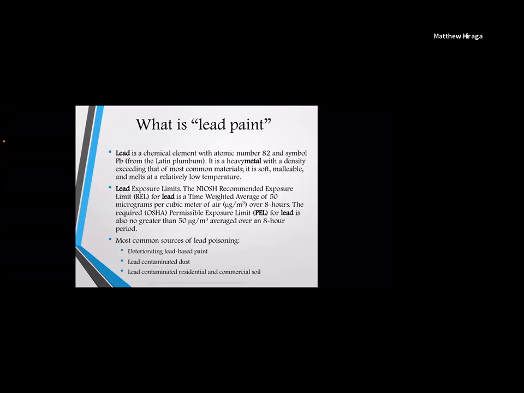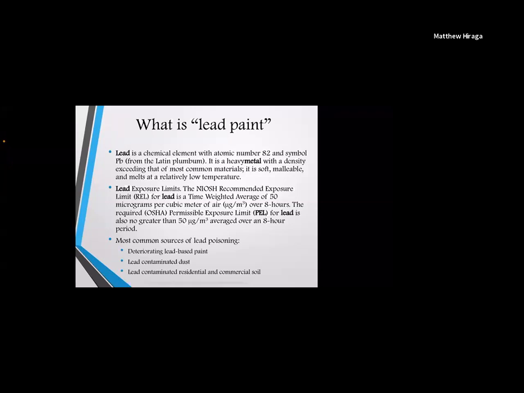Okay? And then when you look at it, most common sources of lead poisoning happen from deterioration of lead-based paints, any lead-contaminated dust, whether it be because you disturbed it, you were dry sweeping it, or you shot it down with an air compressor, and then lead-contaminated residential and commercial soil. A lot of this happens because you have loose and flaking paint on the exterior of the building.